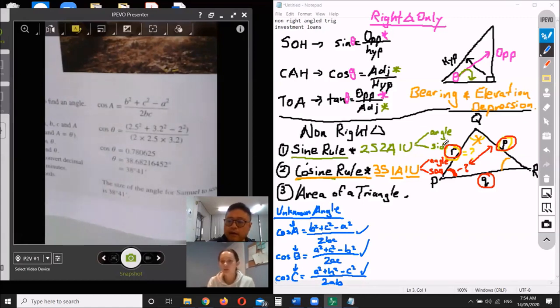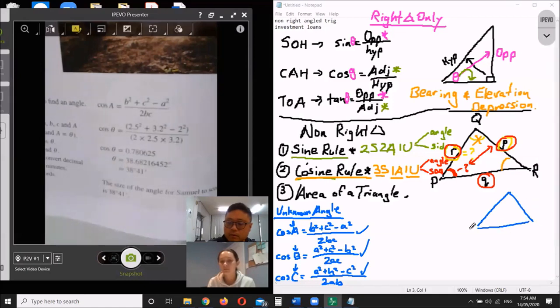All right, so let's draw another triangle. A, B, C, right? And we're given A, B, C. Now, if we were to find this angle, which formula would we use?